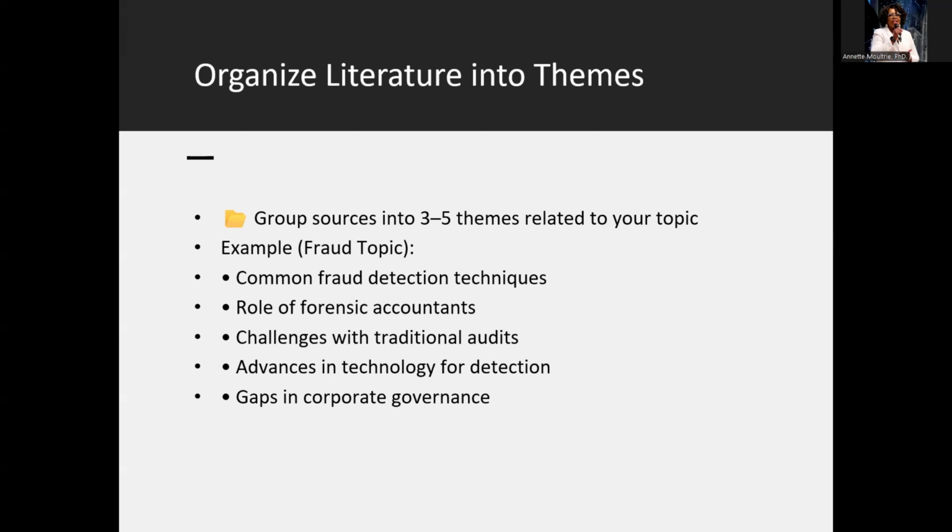You might group your themes such as common fraud detection techniques, role of forensic accountants, challenges with traditional audits, advances in technology for detection, or gaps in corporate governance. You may find other themes like industry-specific risk or regulatory compliance. Each theme should include 2 to 3 scholarly sources compared and contrasted. Please make sure you keep that in mind.